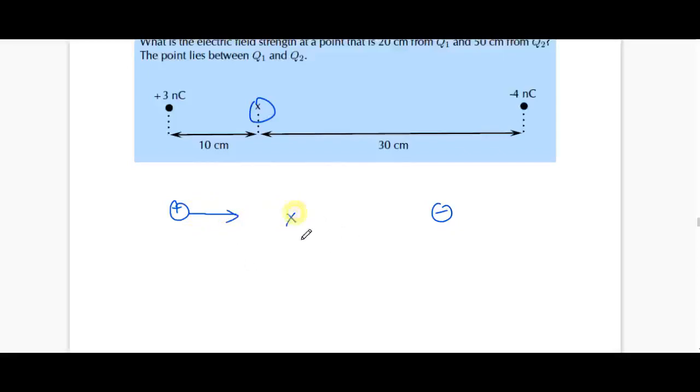So x is going to experience a field line from Q1 going towards the right. What about Q2? Q2 is negative, so it has field lines that go inside. Also here the field line will go to the right. So I can say choose right as positive.